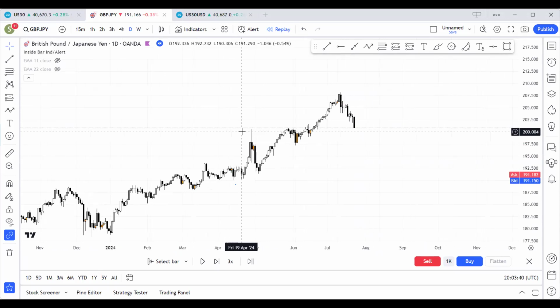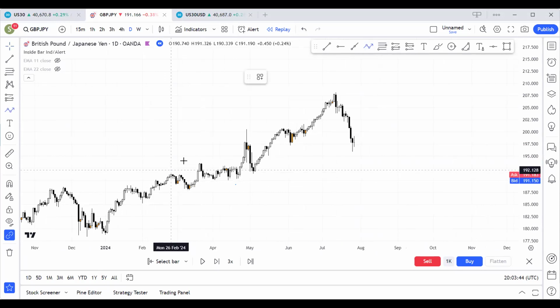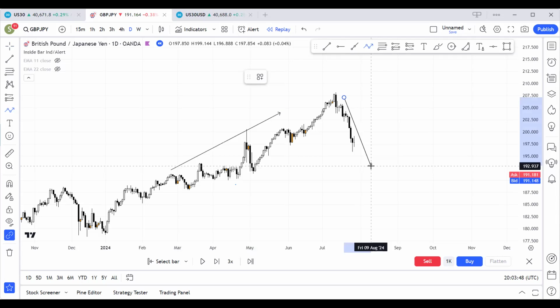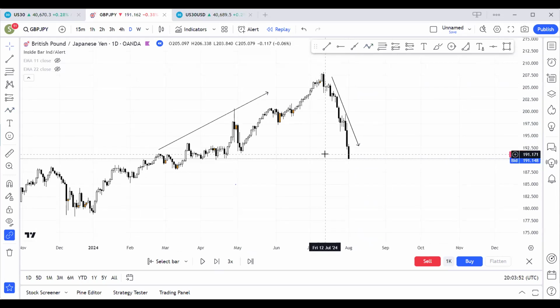So this is what happened here. The market was in a push up, and then something happened and it started to drop down. That was last week, or the last of last week, I think.